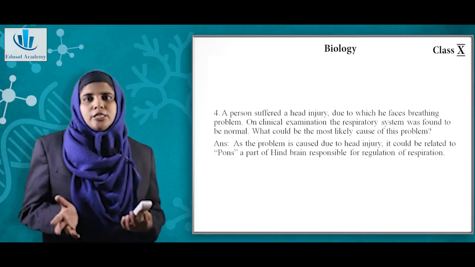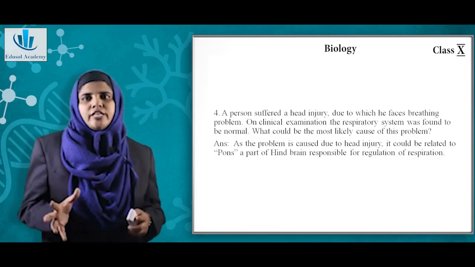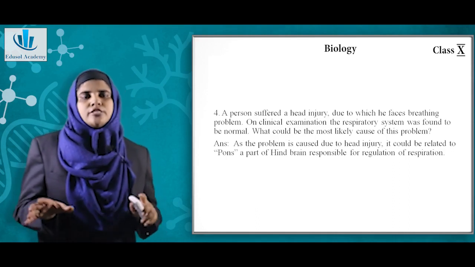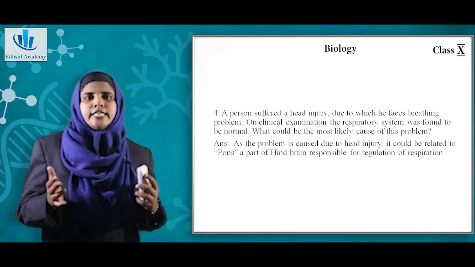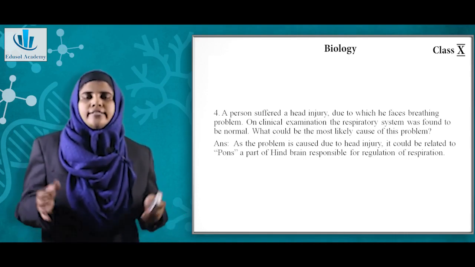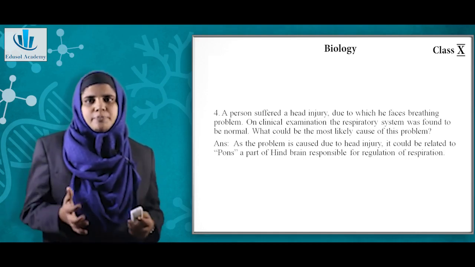Now, a person suffered from head injury due to which he faces breathing problem. On clinical examination, the respiratory system of the person was found to be normal. What could be the most likely cause of this problem? Now you know that in the brain there are centers which control your respiration.